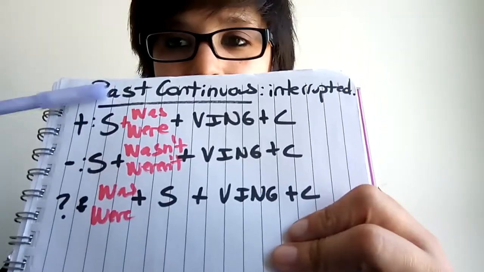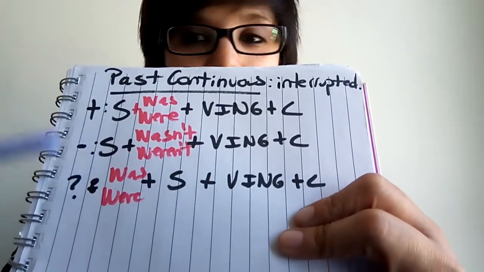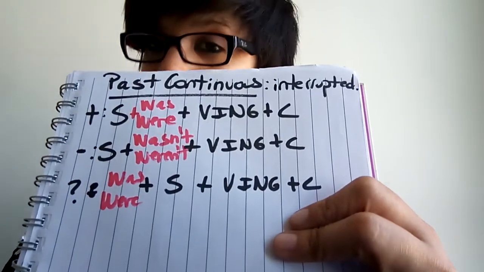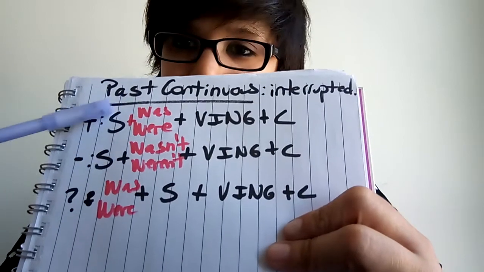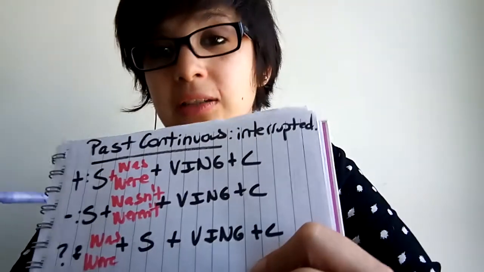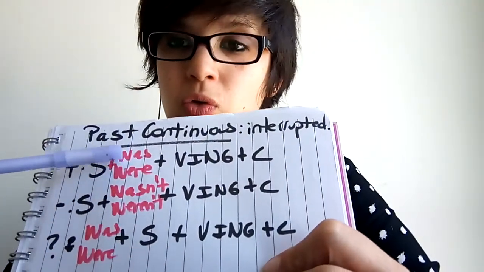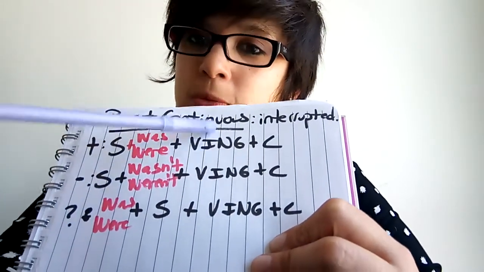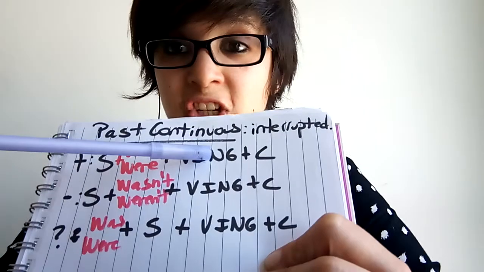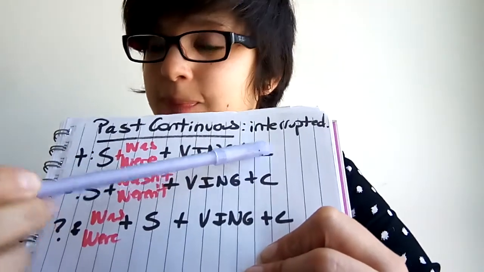So we have the positive one, the negative one, and the interrogative one. When we use the positive, we have subject. According to the subject, you are going to use was or were. The verb that comes next goes with ing, and the complement.